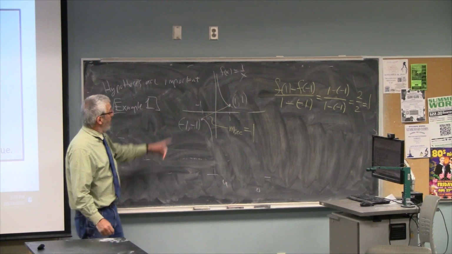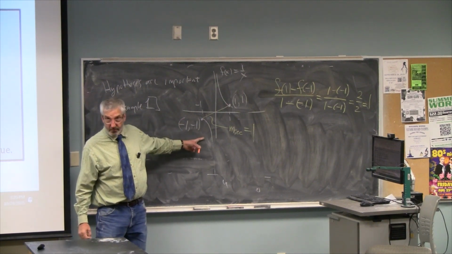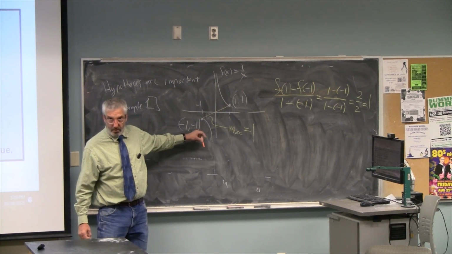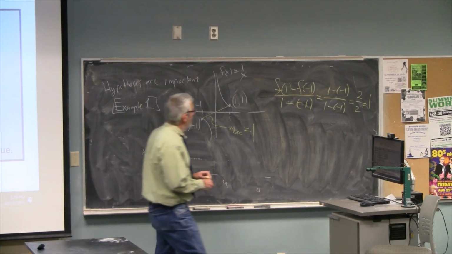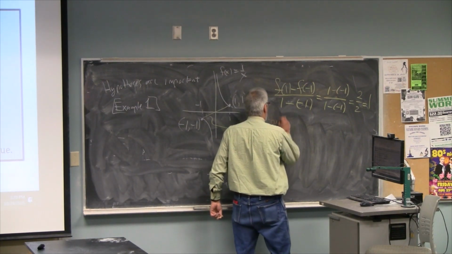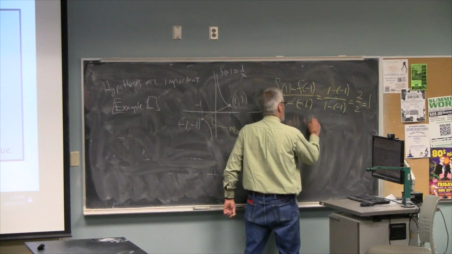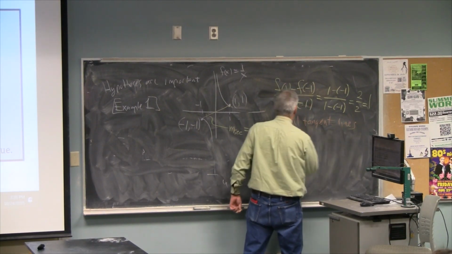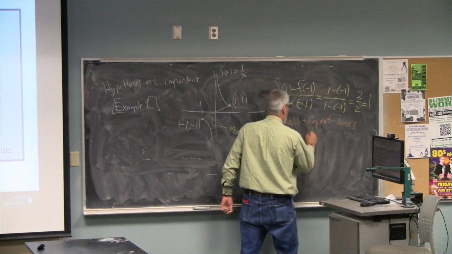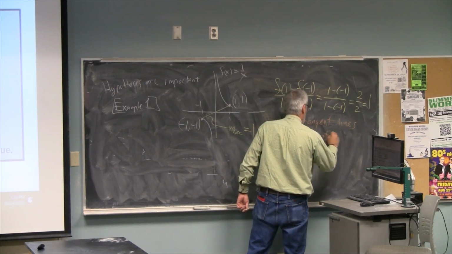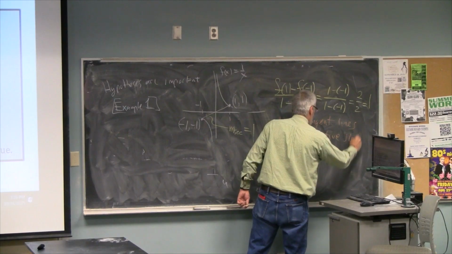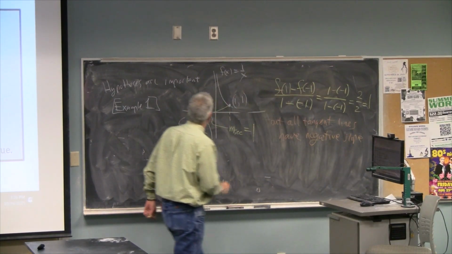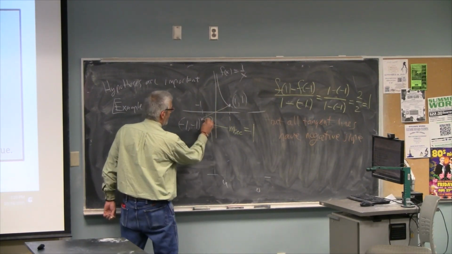But look, all the tangent lines on this graph are tilting down. So if I think about trying to find a place on the graph, well, here's a tangent line.